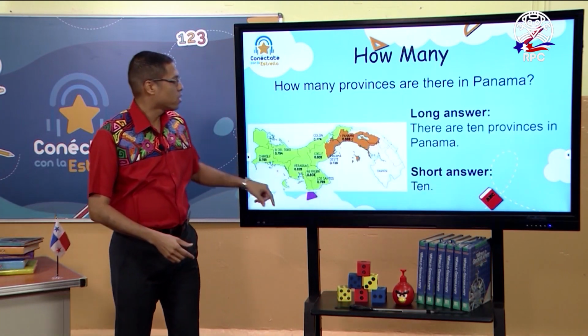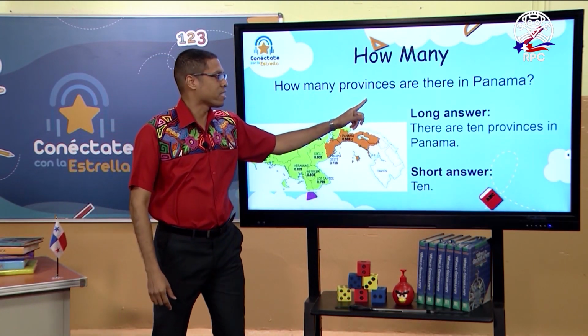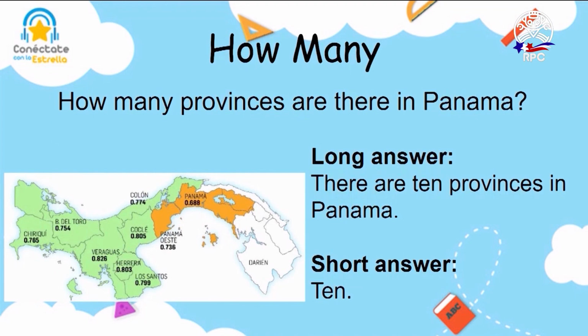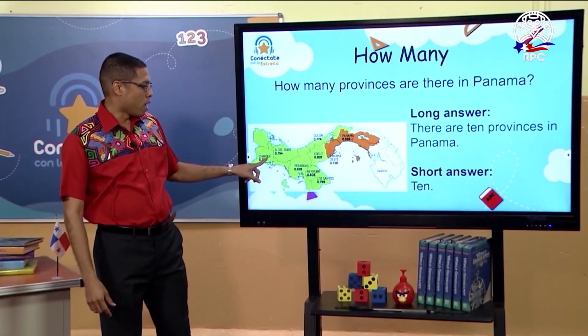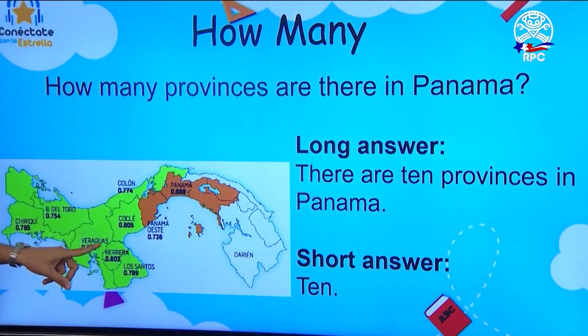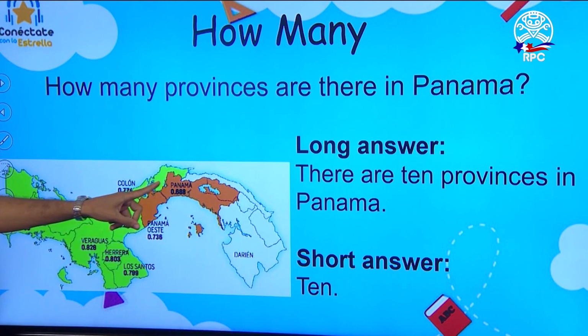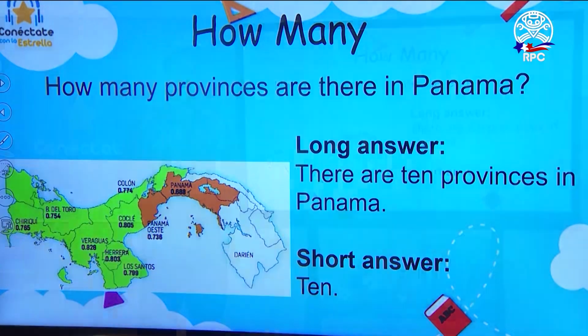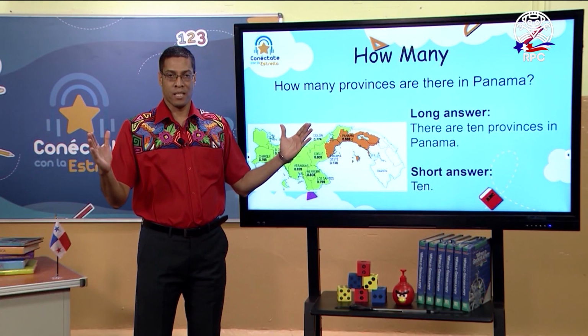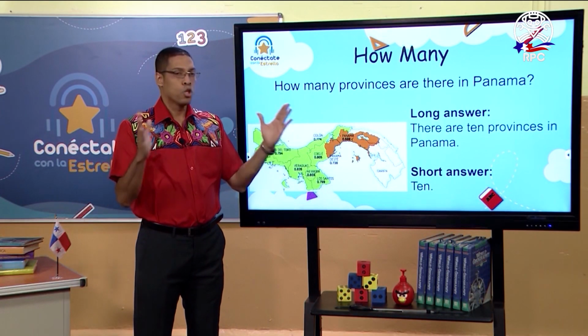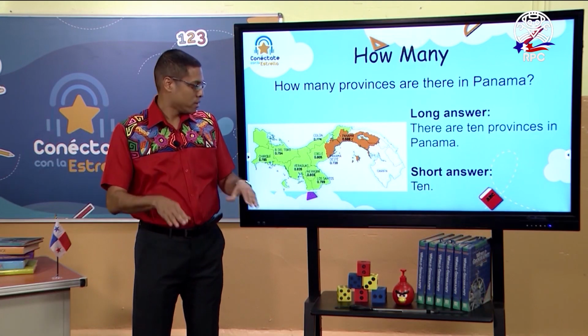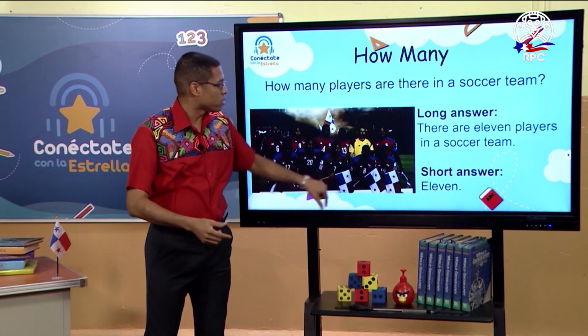Next question. How many provinces are there in Panama? Let's count. 1, 2, 3, 4, 5, 6, 7, 8, 9, 10. There are 10 provinces in Panama. Short answer, 10. That's it. Next question.